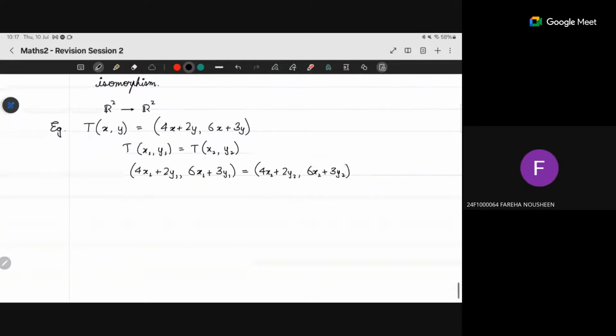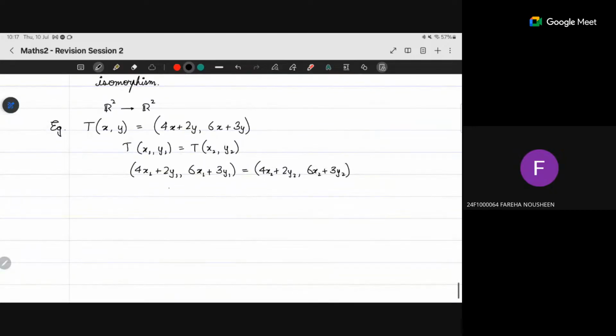If I compare the coordinates and rearrange, I'll get 4 times (x1 minus x2) plus 2 times (y1 minus y2) is equal to 0. And 6 times (x1 minus x2) plus 3 times (y1 minus y2) equal to 0. This is essentially the same equation.